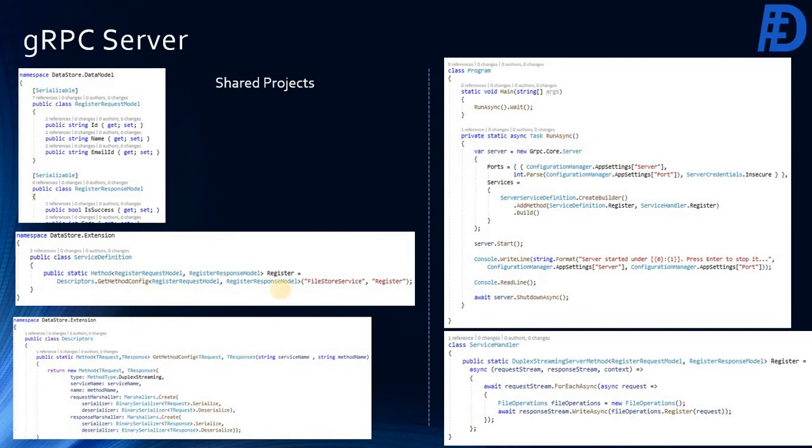If you compare WCF and gRPC, quite a few changes are required in our project. Here we have to create a shared project which can be shared across our server and the client. One is the model, and the model has to be in the server as well as in the client.